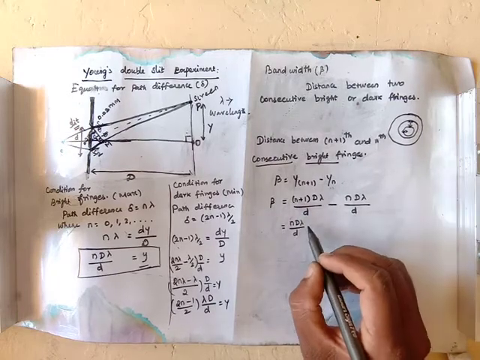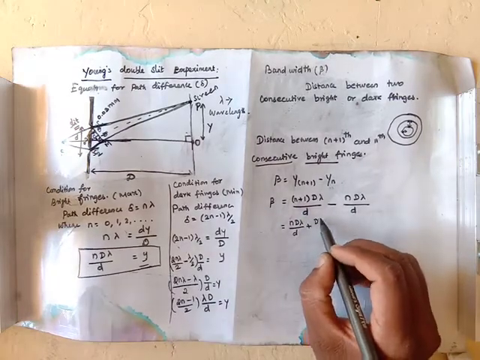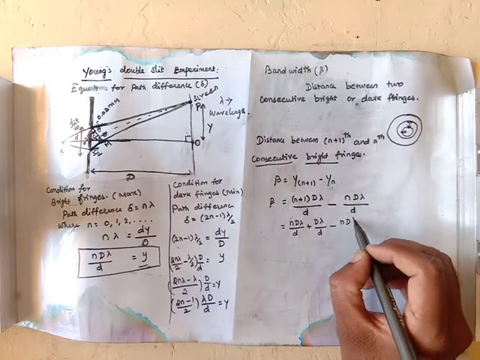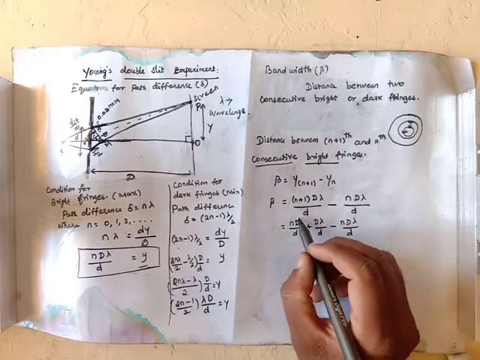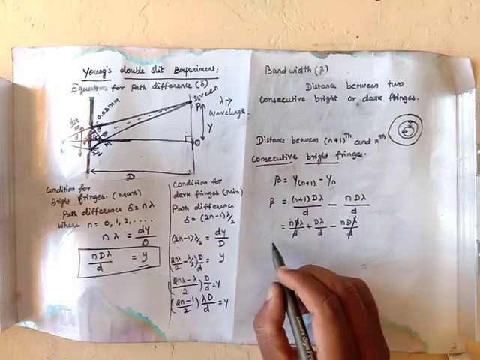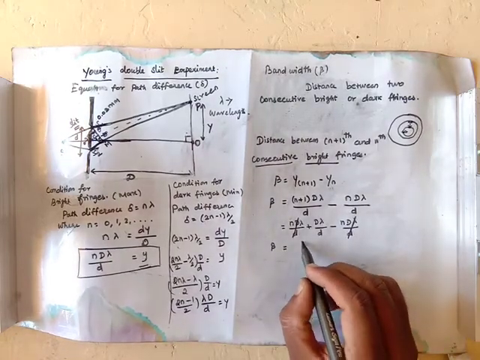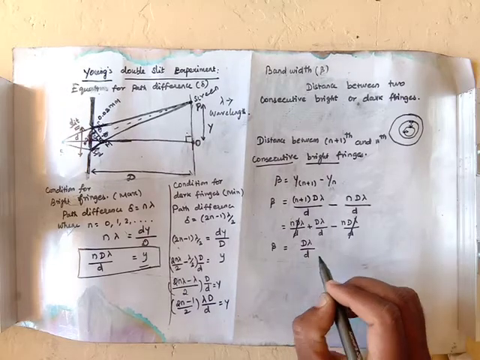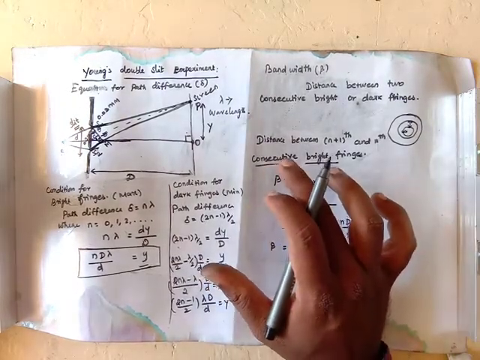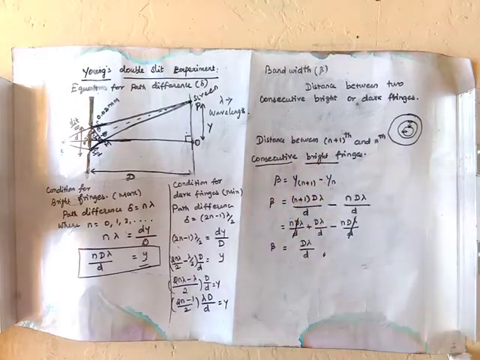Next multiplying with the plus 1, that is lambda D divided by d, minus n lambda D divided by d. The n lambda D divided by d terms cancel. So beta is equal to lambda D divided by d. This is the bandwidth for the consecutive bright fringes.